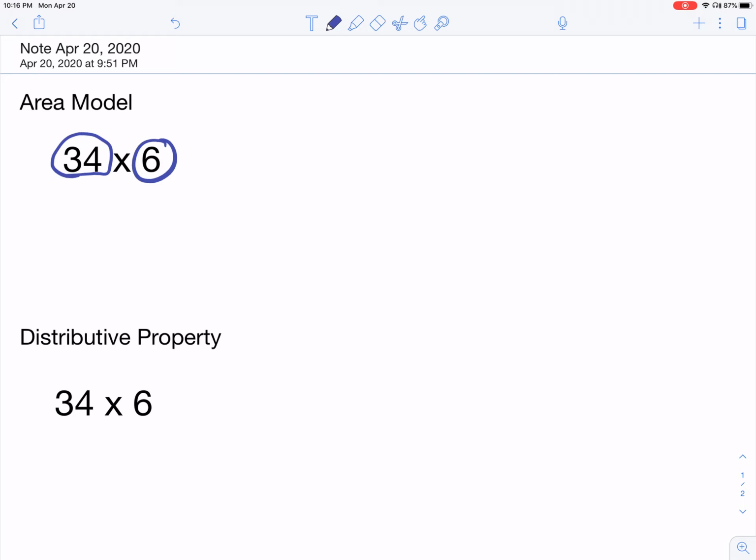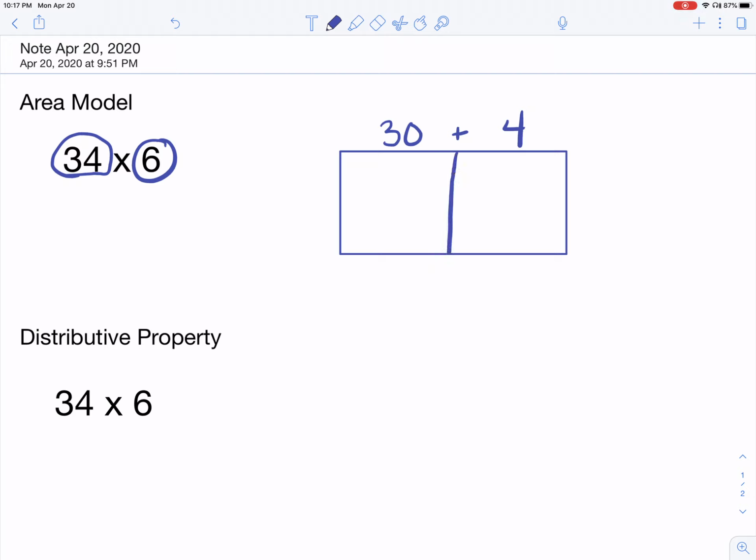So that means we want our box to look more like a rectangle, because we're going to take 34 and put it in expanded form. We're going to put that on top. So all we did is split 34 into 2 parts.